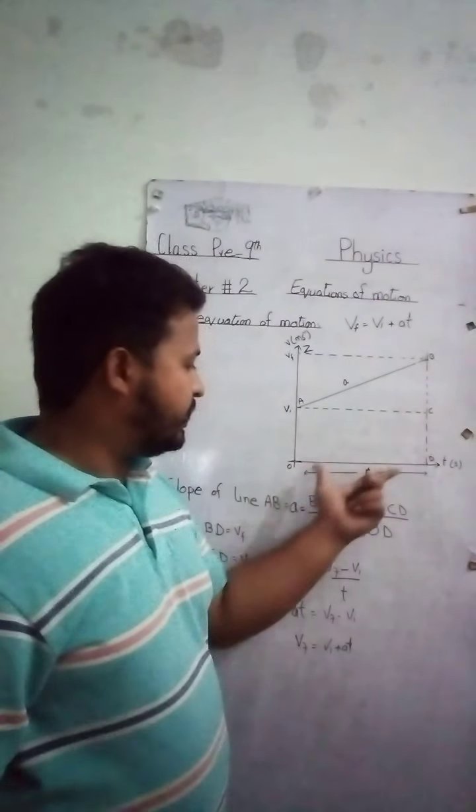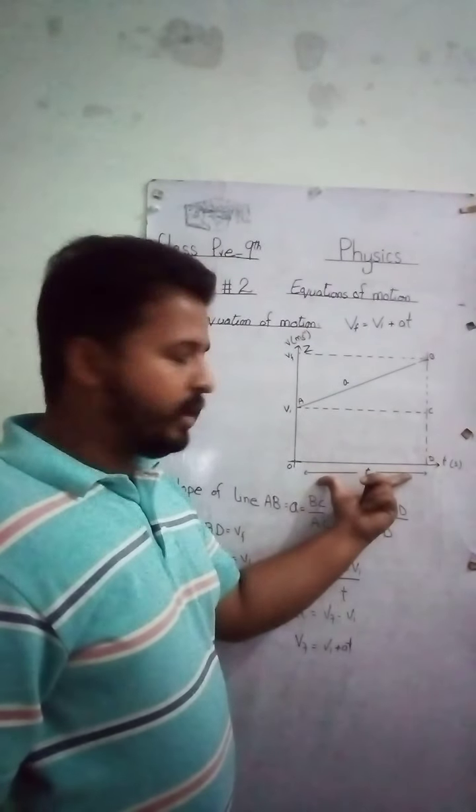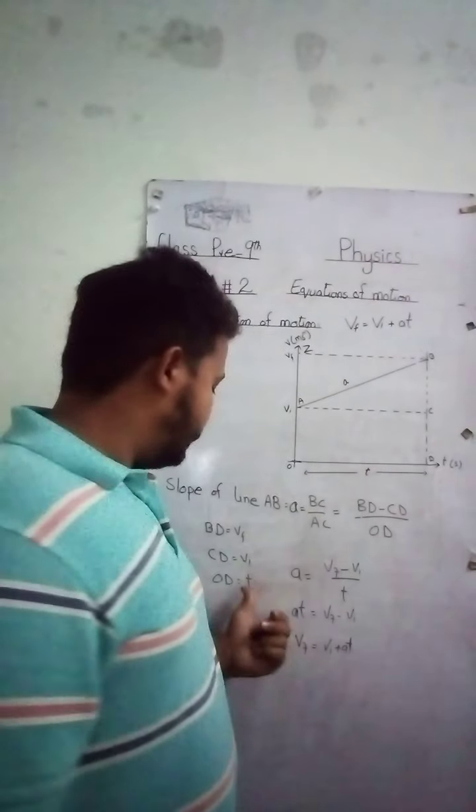And AC is equal to OD, and OD means time interval t here.